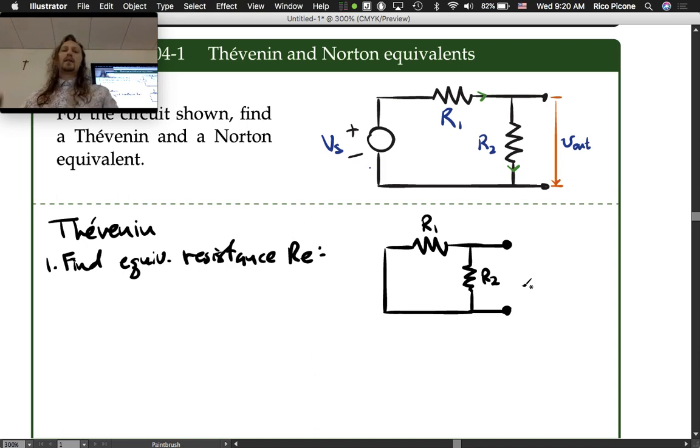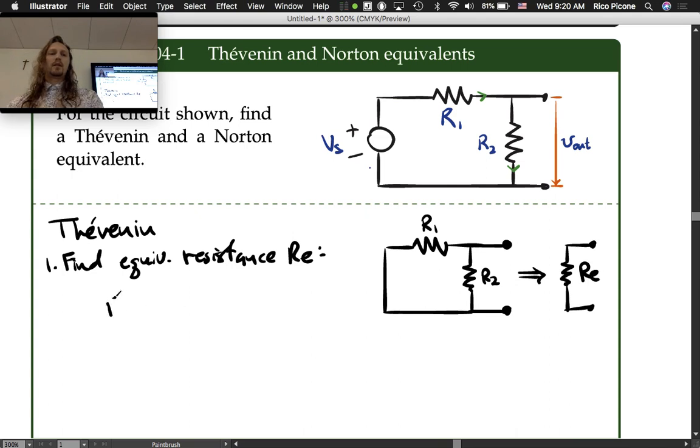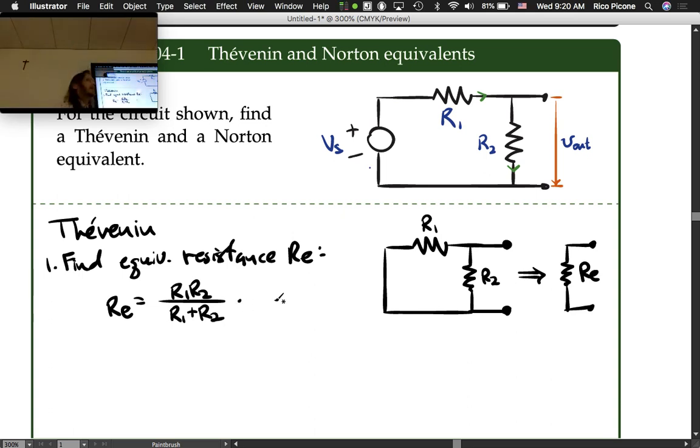What is my RE going to be? So I want to turn this into that with RE. R1 times R2 over R1 plus R2. Yeah, parallel resistors, so R1 R2 divided by R1 plus R2. Great.